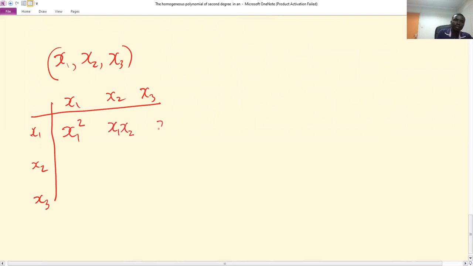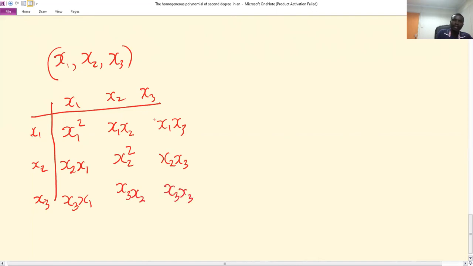This by this will be x1, x3. This by this will be x2, x1. This by this will be x2 squared. This by this will be x2, x3. This by this will be x3, x1. This by this will be x3, x2. This by this will be x3, x3.